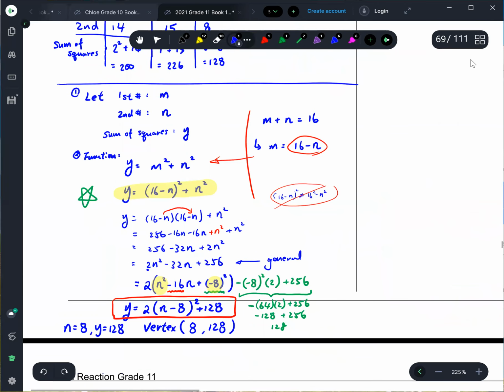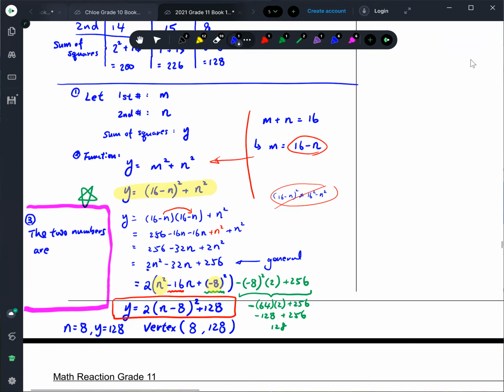Okay, so let's put our step 3 over here then. We're running out of space. Okay, so we can put it there. So we can say the two numbers are, okay, our second number is n, which is 8, right?